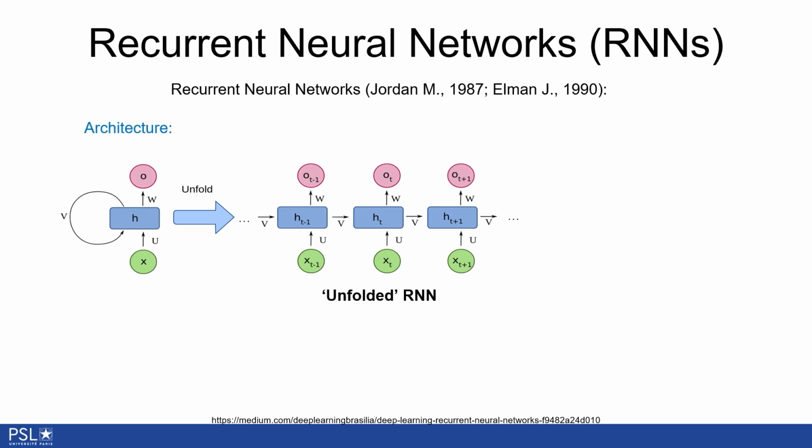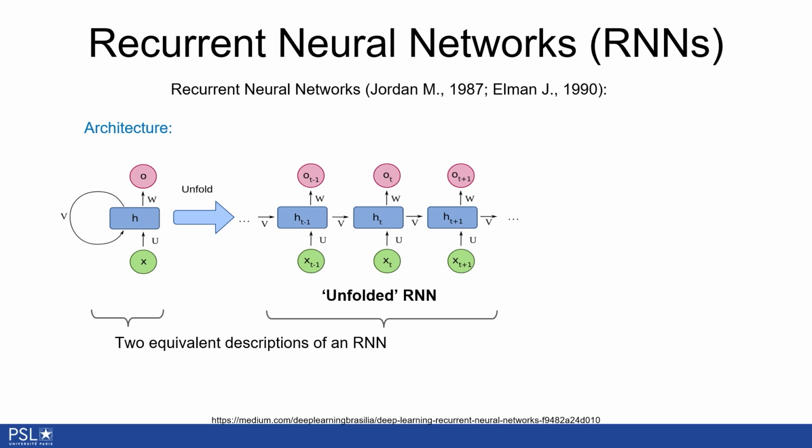Note that the recurrent weights V are the same for all time steps. The input and output weights U and W are also the same for all time steps. As clear from the description of the architecture on the left, U, V, and W are the same weight matrices, just visualized across different time points on the right view.